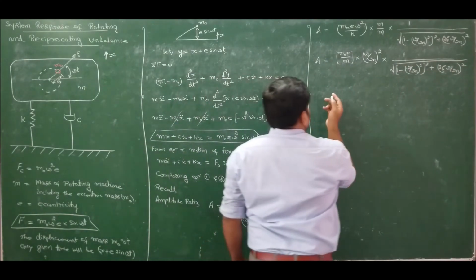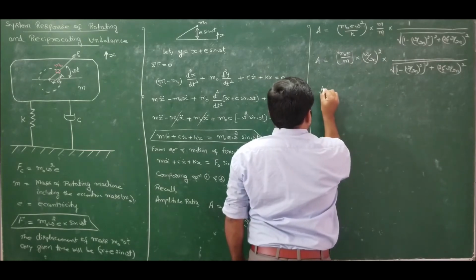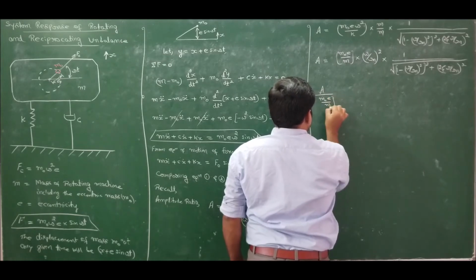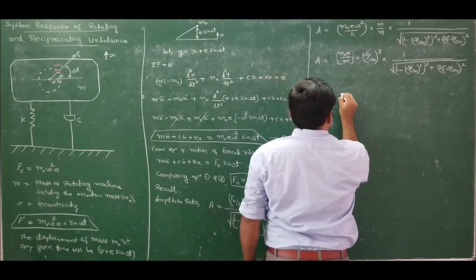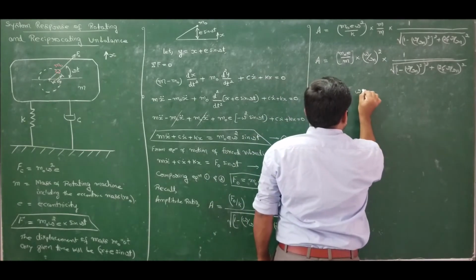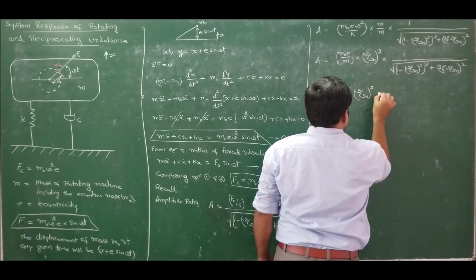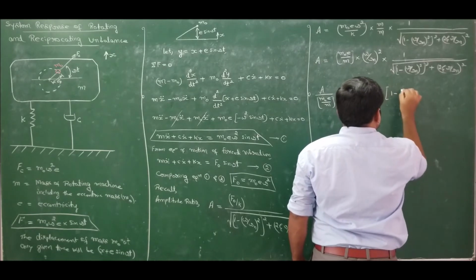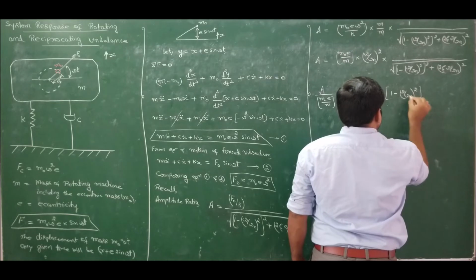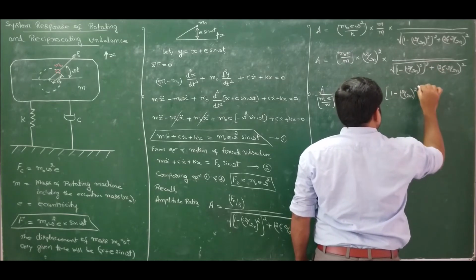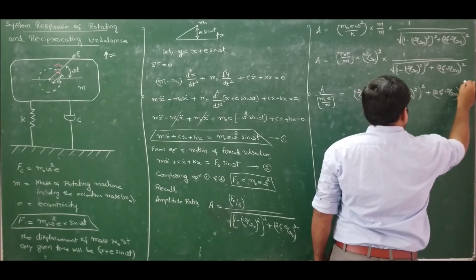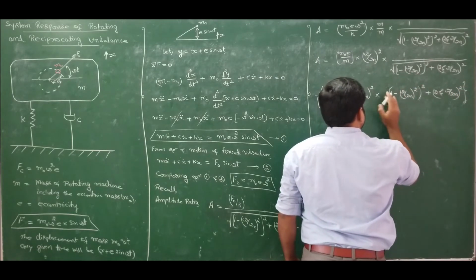Now I get the equation in the form A divided by m naught e by m is equal to omega by omega n whole square into 1 minus omega by omega n whole square plus 2 zeta omega by omega n whole square to the power of, it is 1 by square root, right?